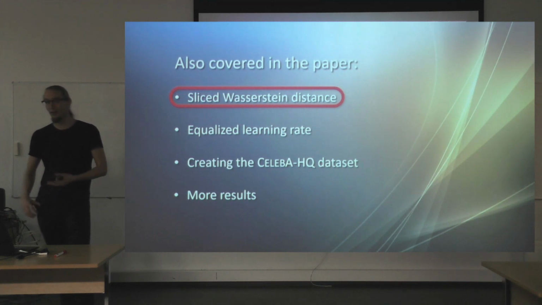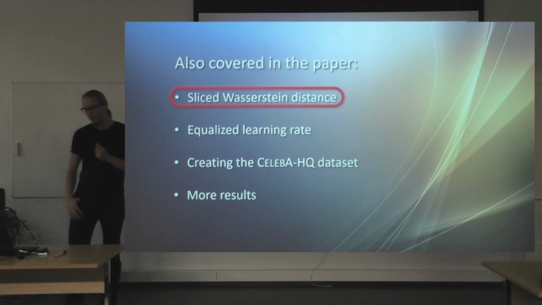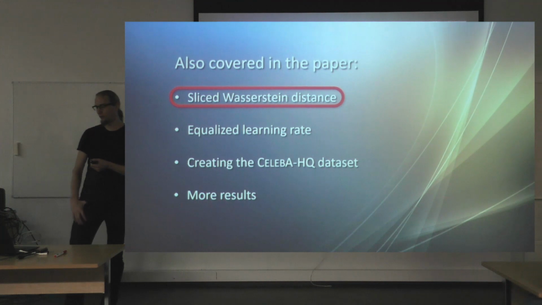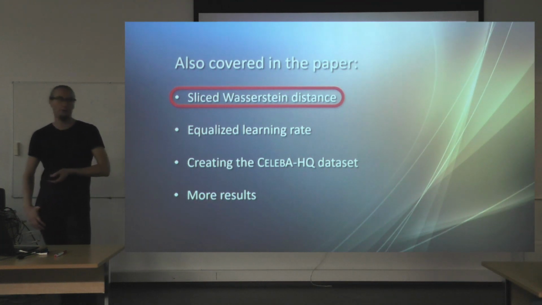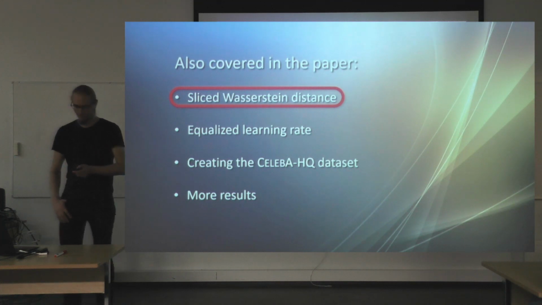Are they getting better? We didn't have a good metric at that time, so we had to invent our own. But nowadays there are better metrics, like the Fréchet inception distance, and if you are working on these things, I would actually advise to go with that, not use ours.